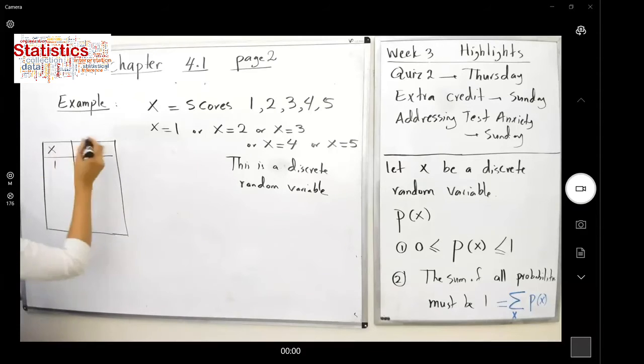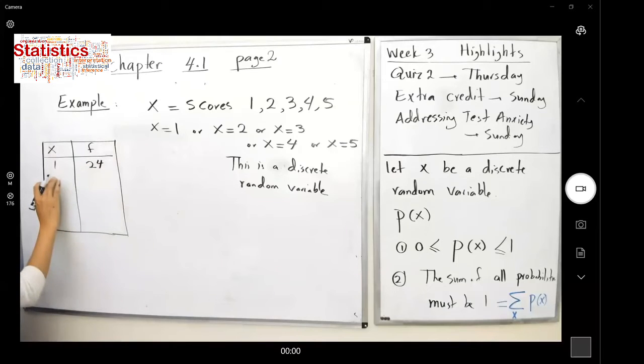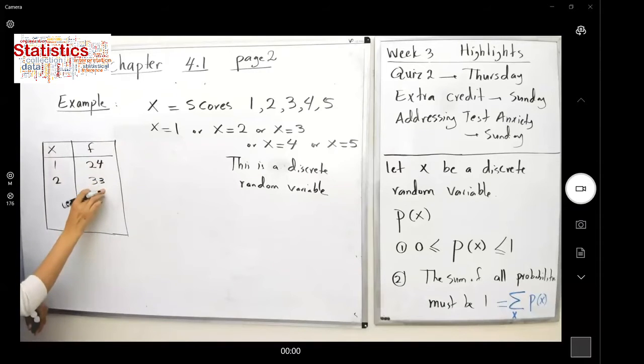So score 1 frequency is 24. So number 1 is repeated 24 times in your collection. Score 2, 33. It means that 33 people got score 2. Score 3, you have 42 people.